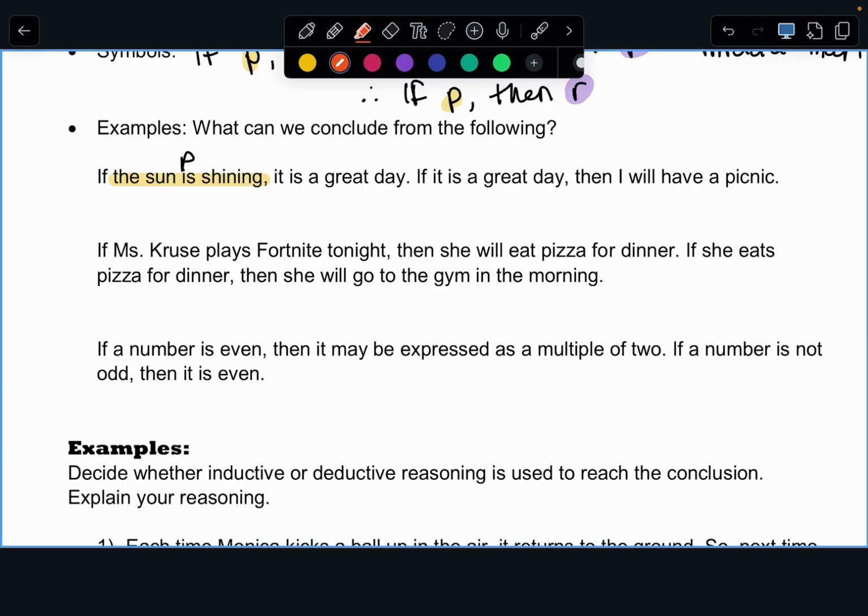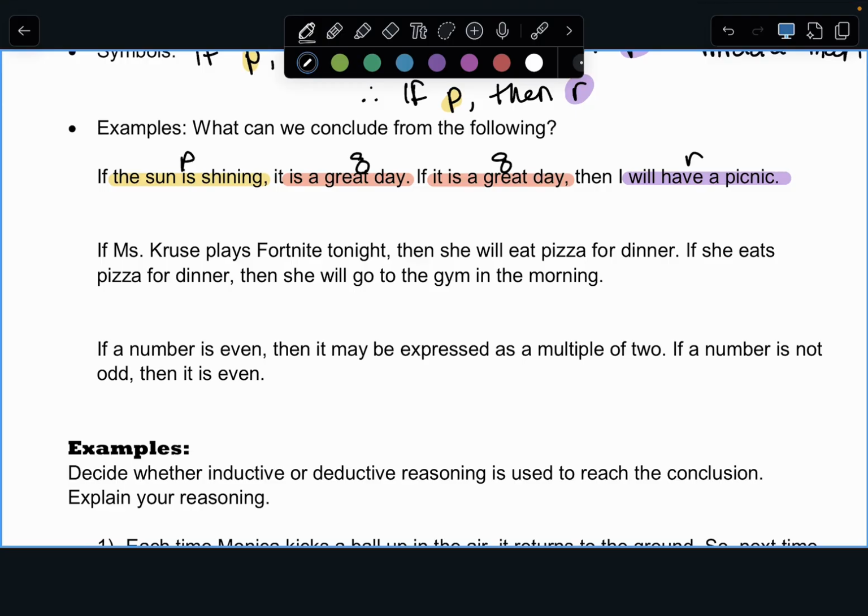It's new, so let's call it Q. If it is a great day, is this part P or Q? Yellow or orange? Q, so orange. Then I will have a picnic. That is something completely new. Let's call that R.